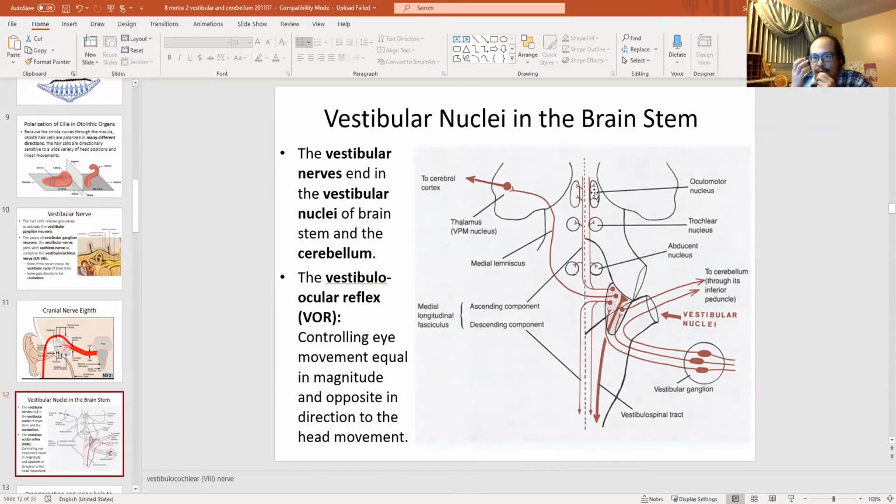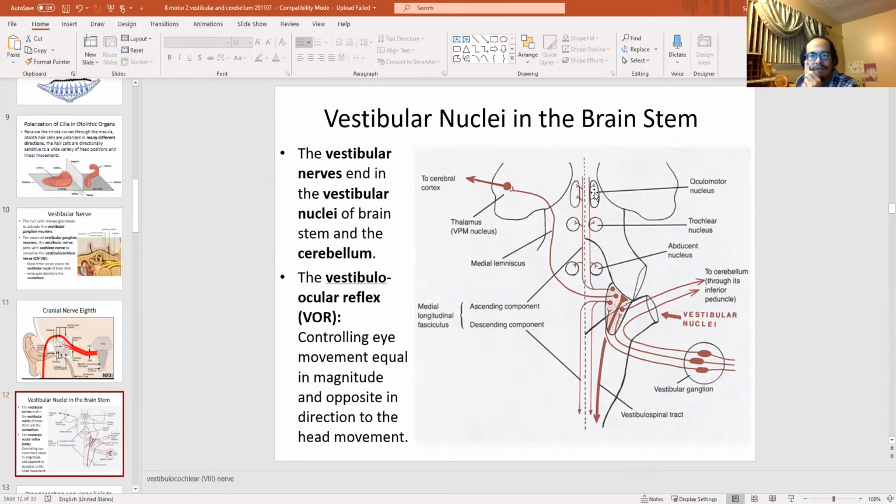The way the eye moves is not because of vision, but because of the vestibular system. The eye moves with the same magnitude as the head movement, but in the opposite direction. So if you look at your screen and your head moves to the left, you still see exactly the same thing because your eye is moving to the right.